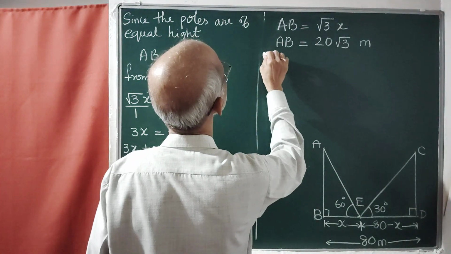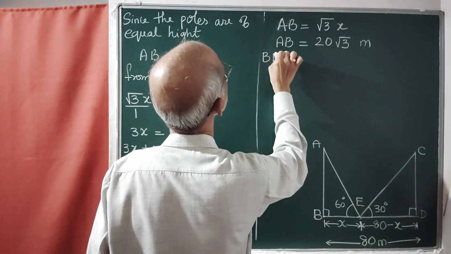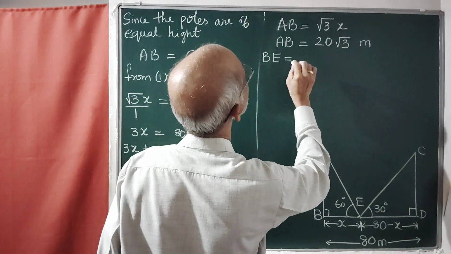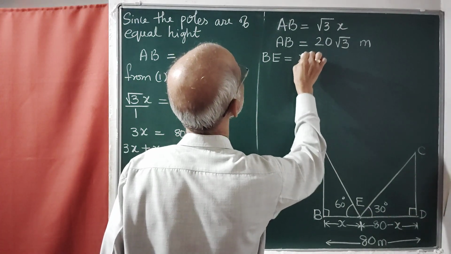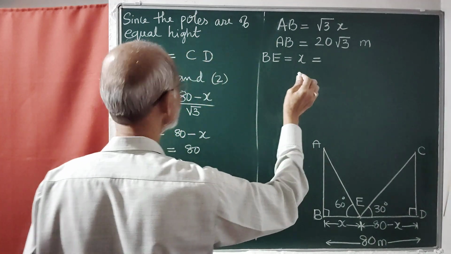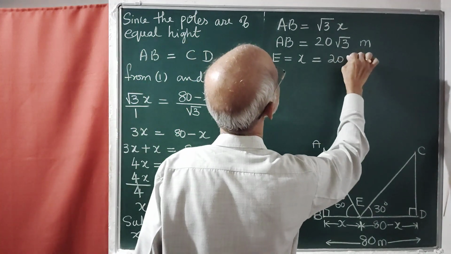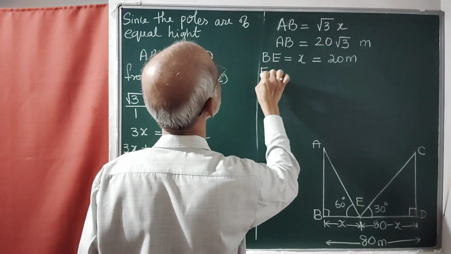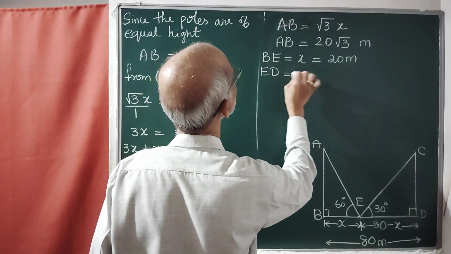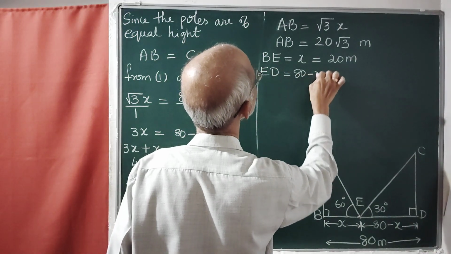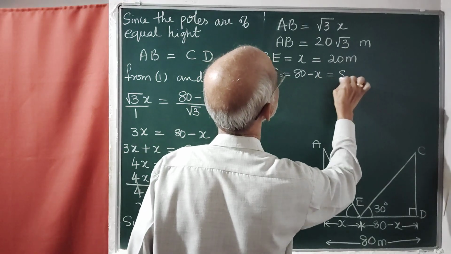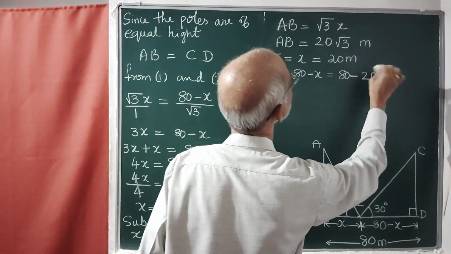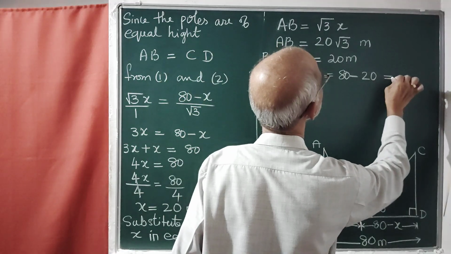So now BE is equal to x, that was equal to 20 meters. ED is equal to 80 minus x, that's equal to 80 minus 20, that's equal to 60 meters.